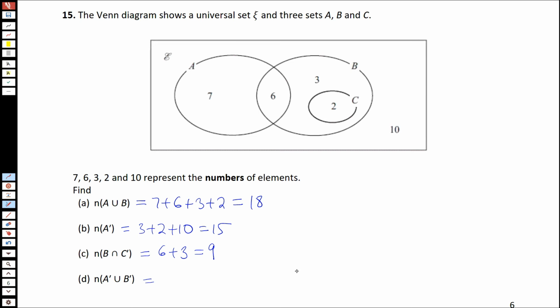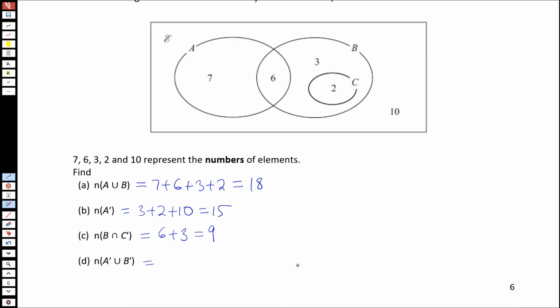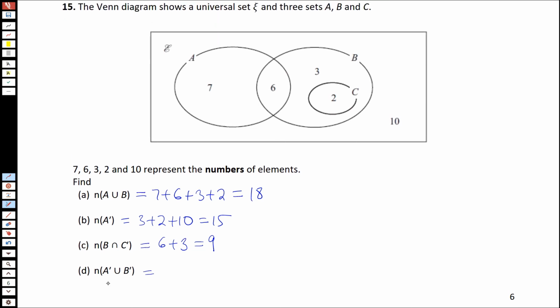Now, here we are looking for not A or not B. So not A means everything outside A. Not B means everything outside B. So that means everything except 6.